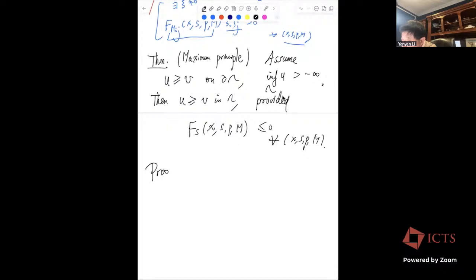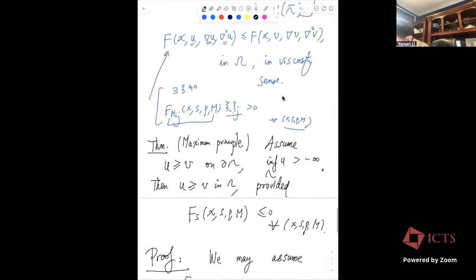I want to go through this proof to get familiar with the viscosity solution sense, how to do that. So let's give the proof. We may assume F_{M_11} is positive for all its arguments.